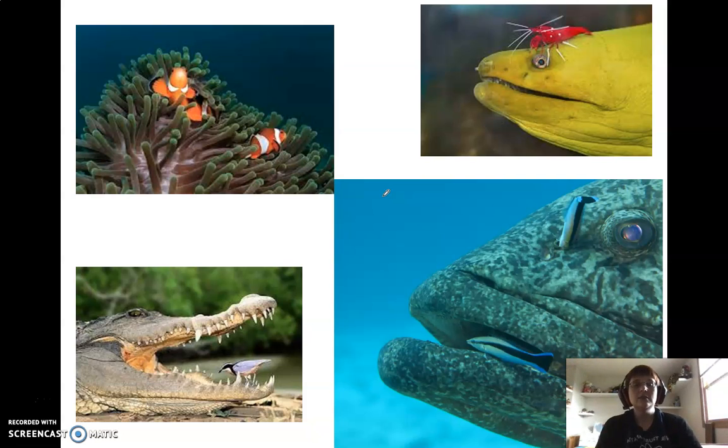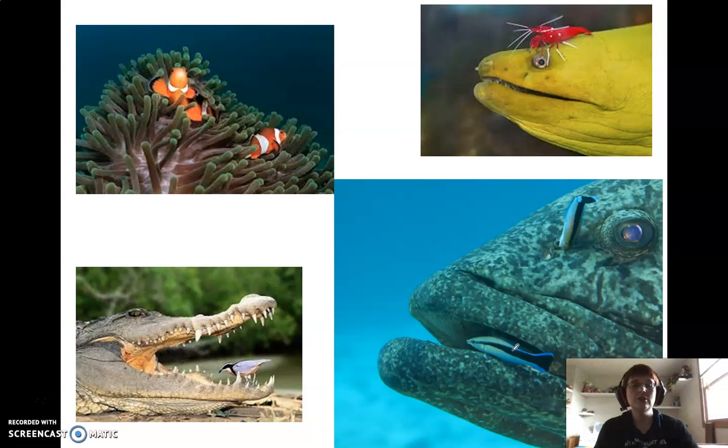In fact, this mutualism is so strong that out on reefs, where these guys are found, you will actually find fish lined up at cleaner stations to get these cleaner fish and cleaner shrimp to come out and clean this stuff off of them.